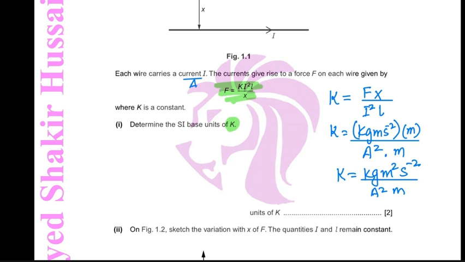So just simplifying it further, m in the denominator goes up there in the numerator, it will become kg m^-1 and m^2 makes it m, and then s^-2 will be there as it is. A^2 going up there will become A^-2. Yes, these are the base units.